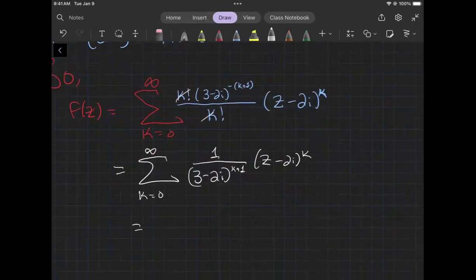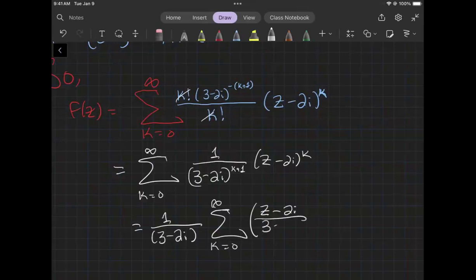And this would equal, with an extra factor of 1 over 3 minus 2i, the sum from k equals 0 to infinity of z minus 2i divided by 3 minus 2i, to the k power.